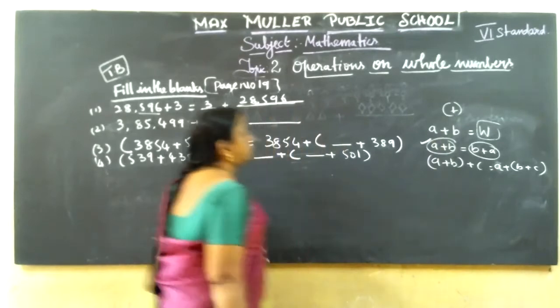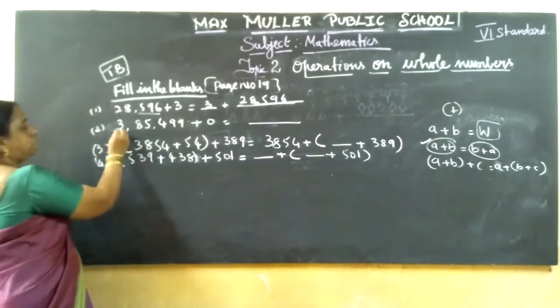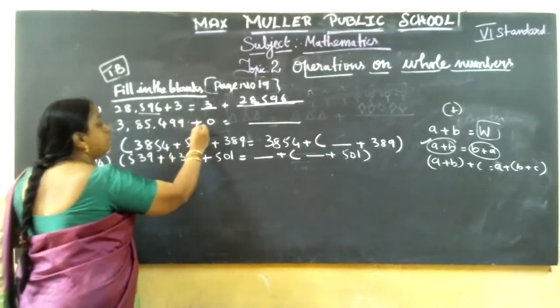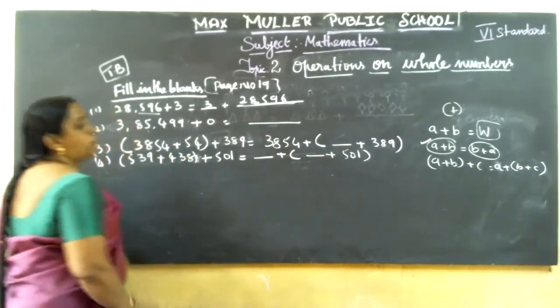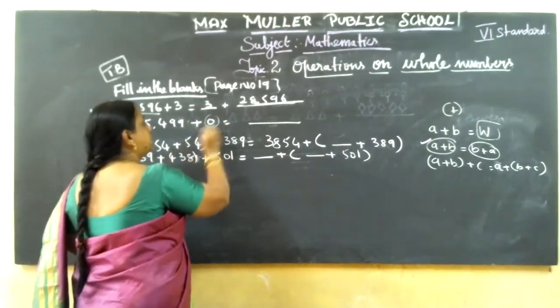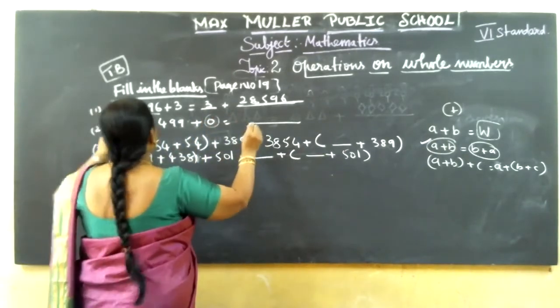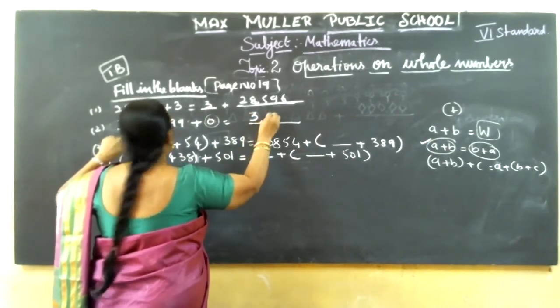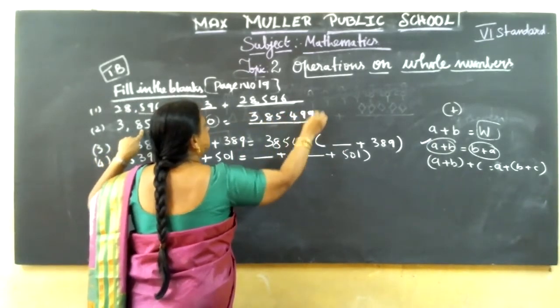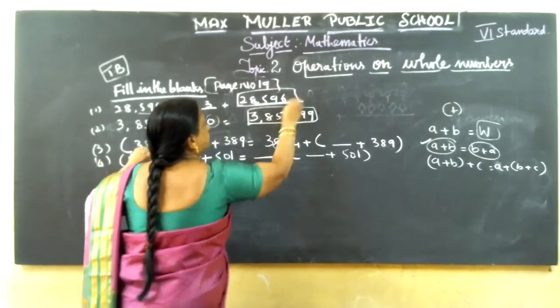And now here, 3,85,499 plus 0 gives what? Already I told you the 0 property. If you add 0 to any number, you will get the number itself. So 3,85,499 is the answer. Clear?